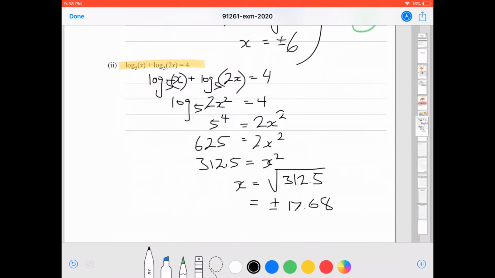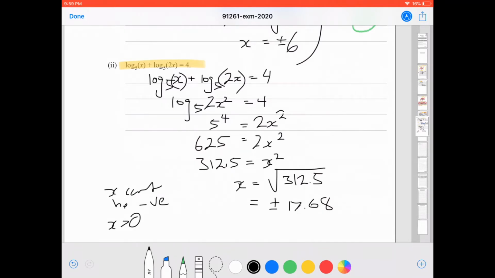And also, we have to remember that x, the marking schedule writes x must be greater than 0. I'm going to say x can't be negative. Again, it's one of these things that I'm foggy on. Just for reference, the marking schedule says x must be greater than 0.